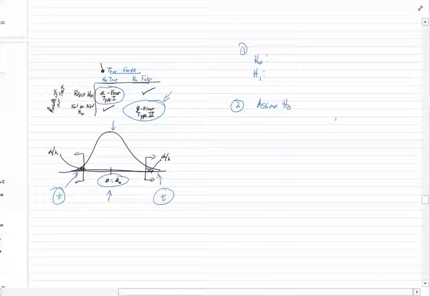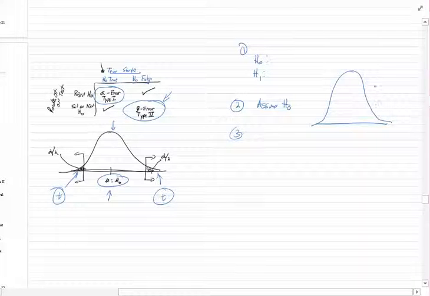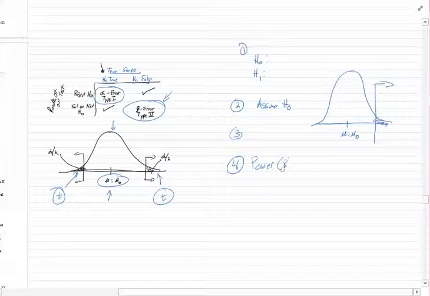So we're going to write that we do this again. And then third, we set up our rejection region. I'm just going to say we're going to do it one-sided for simplicity. We set up our rejection region. There's mu equals mu naught. And now let's start thinking about power. Power or beta. Oh, I'll just call it beta.